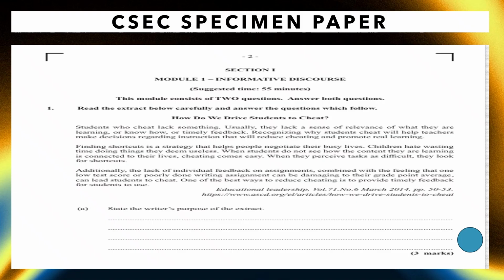Additionally, the lack of individual feedback on assignments, combined with the feeling that one low test score or poorly done writing assignment can be damaging to their grade point average, can lead students to cheat. One of the best ways to reduce cheating is to provide timely feedback for students to use.